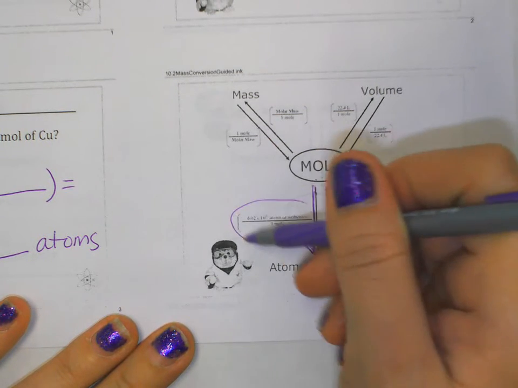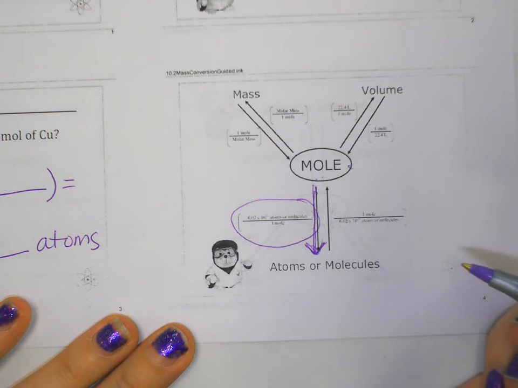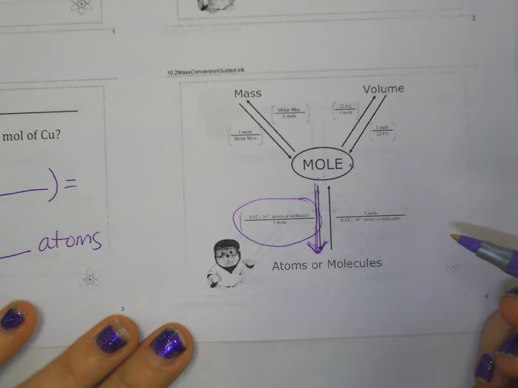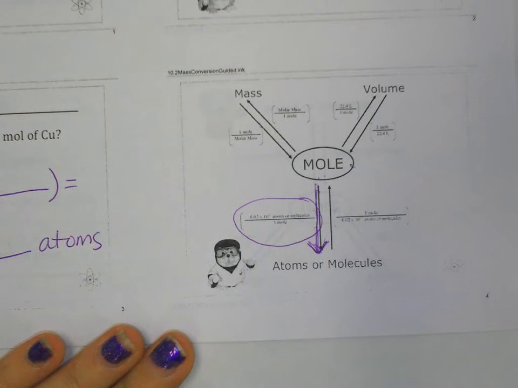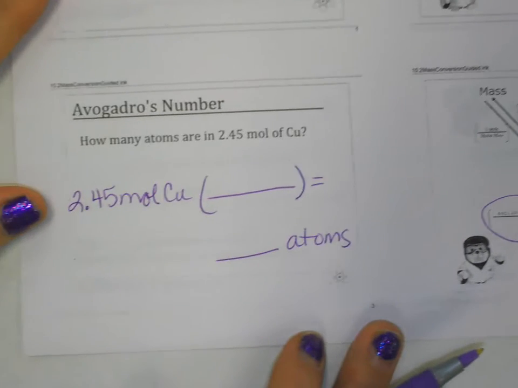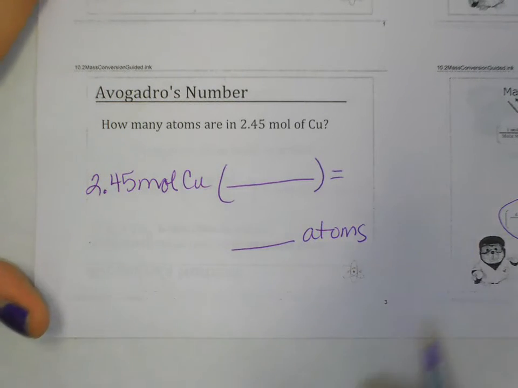On that arrow, you'll see that you have Avogadro's number of atoms over 1 mole. I know it's hard to see on the smaller version, but that's why I gave you guys the larger version. So what you're going to do is take that conversion and just write it in here.